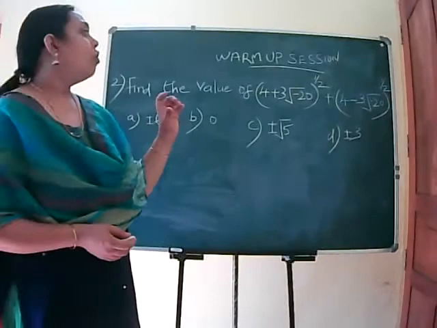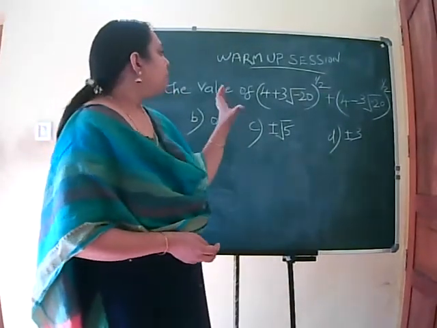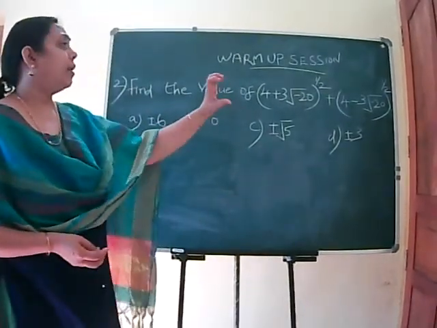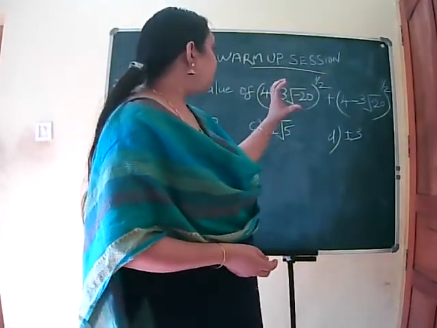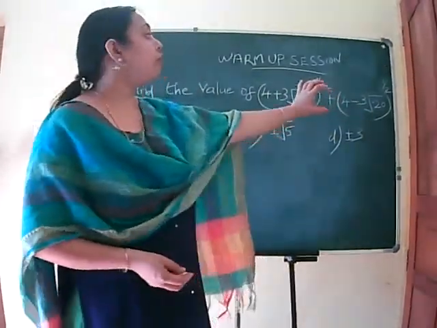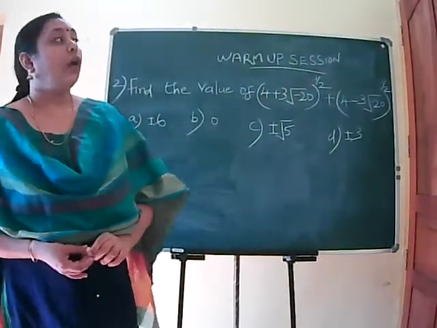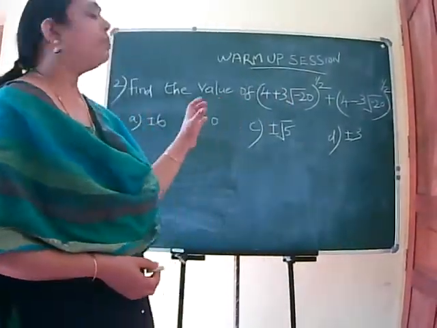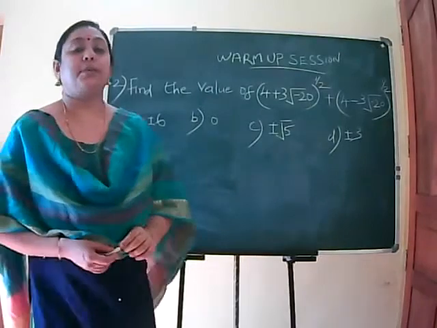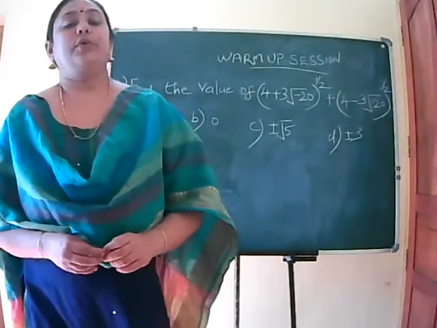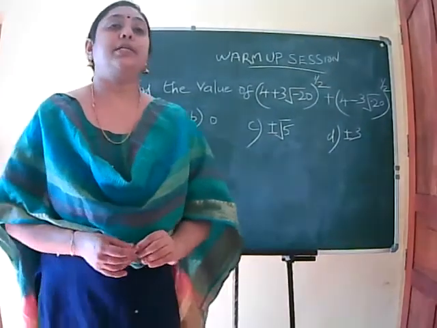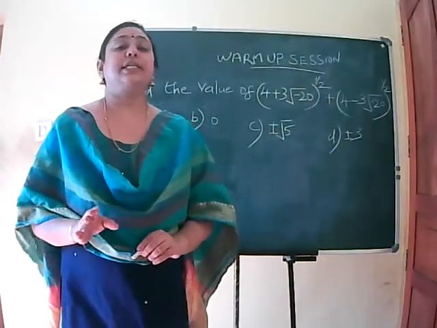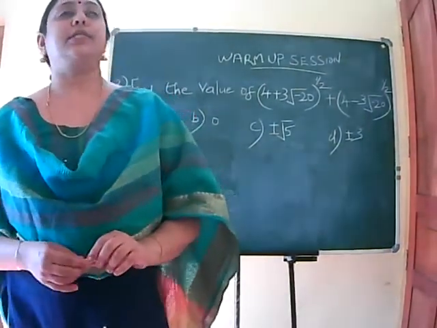But first of all, how can we identify the origin of this expression, or which chapter this question belongs to? Now we know that this question belongs to the chapter complex numbers, since we are discussing the problems of complex numbers.